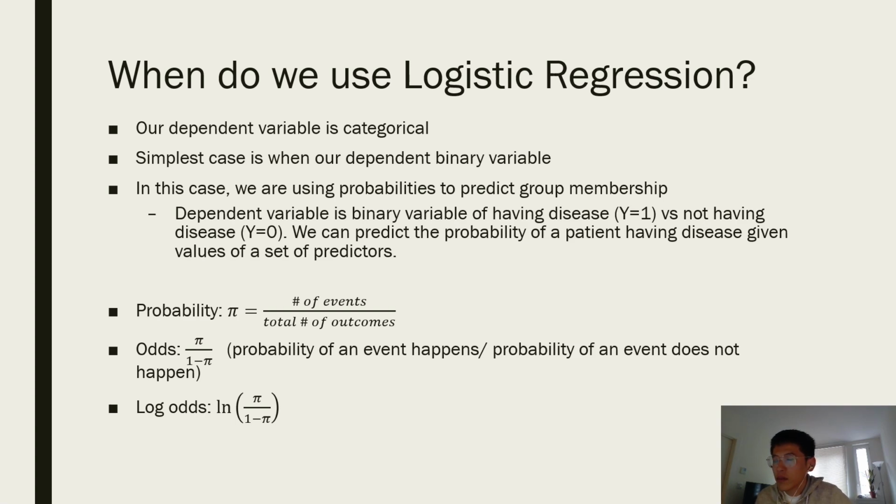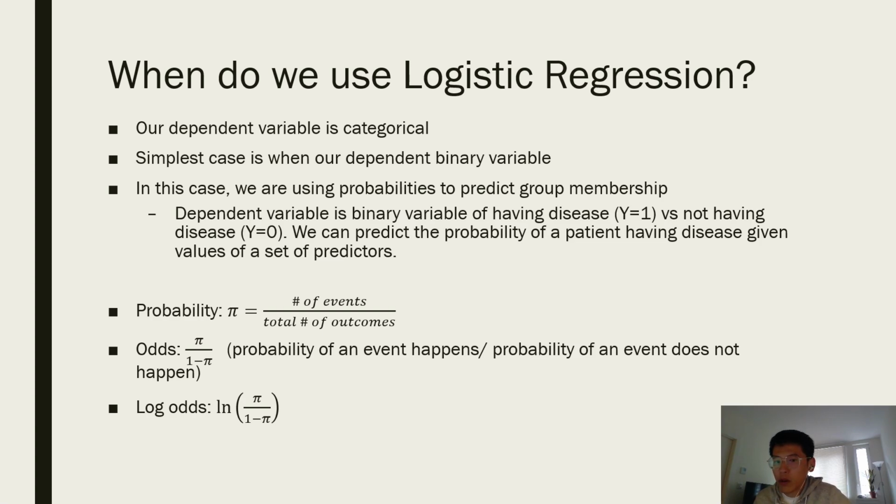So instead, we are using a linking function, which can describe the relationship between the y and x, the predictors, in terms of probabilities. Here we're using probabilities to predict the group membership, which means 0 or 1.